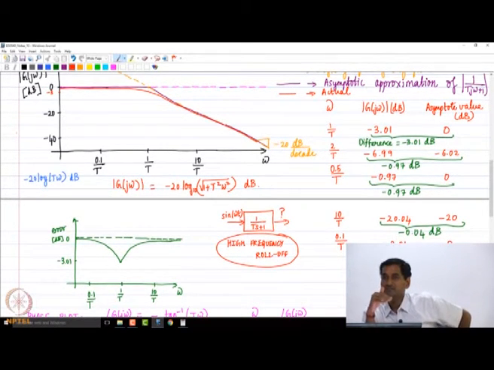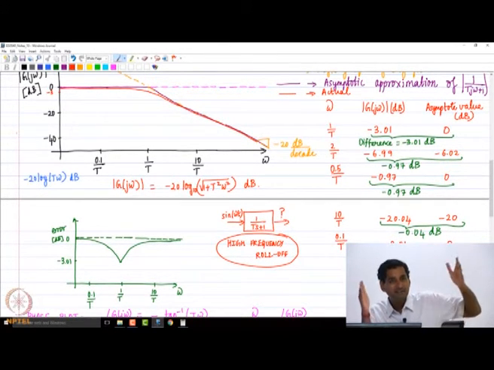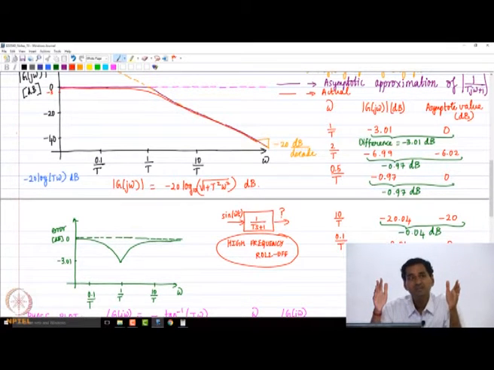At what value does it become 3 decibels lower than the low frequency value? 1 by capital T. What's 3 decibels below 0 decibel? Minus 3 decibel. So the transfer function of this form achieves minus 3 decibels at 1 by capital T, which is the corner frequency. In filtering terminology, that's called the cutoff frequency, and the frequency range between 0 and the cutoff frequency is what is called the bandwidth.